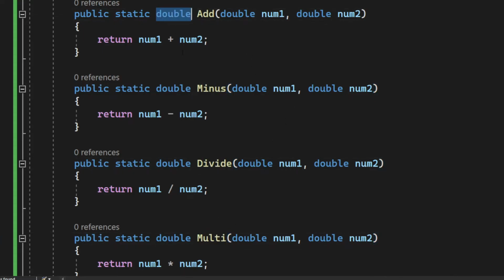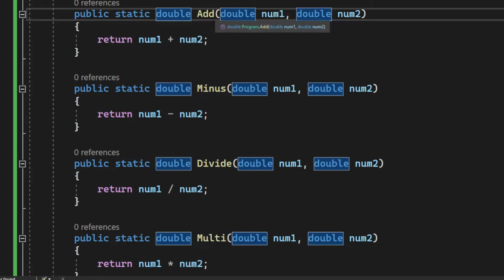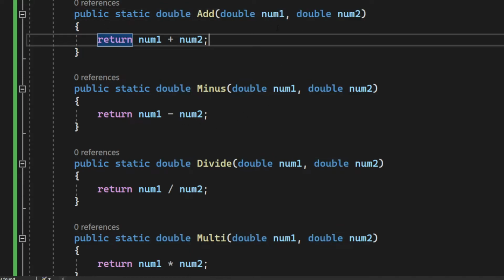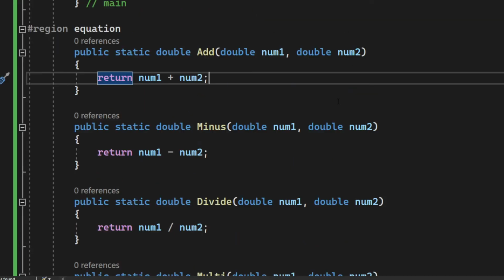I've made sure their return type is double, even though the division is most likely to be the double. I try to play it safe and make sure they're all double so I don't have to worry about it. It comes down to the application you're building, but right here, this will work for us. So now you see I pass in two parameters, a double num1 and a double num2. I do it the same for all of them.